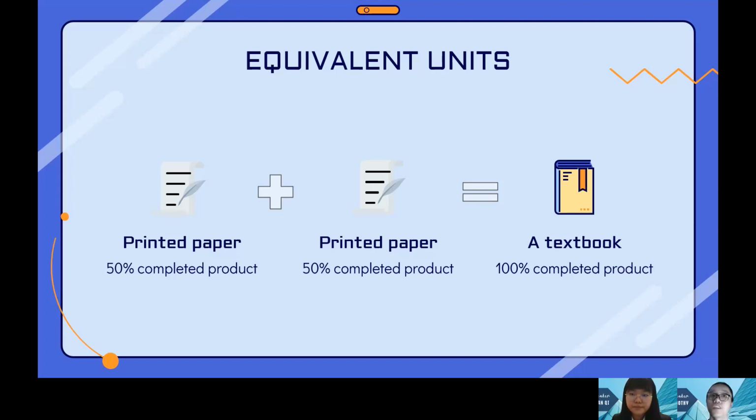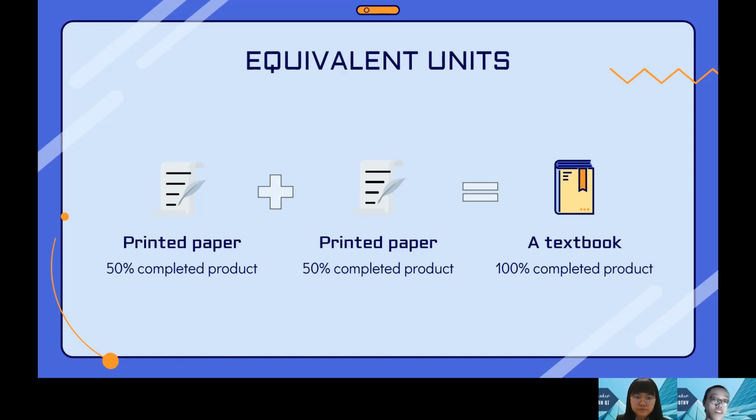In process costing, one of the unique formulas is equivalent units. To calculate the cost, we need to know the equivalent units of the produced units, because we have work in process, which means incomplete units. We estimate the value of the cost compared to 100 completed products.